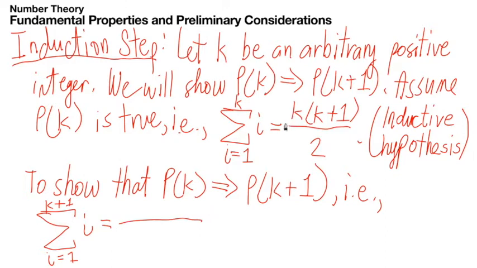So this k will be substituted as k plus 1. Now this k here will be substituted by k plus 1, so it would look like k plus 1 plus 1. Can we just make it k plus 2 for simpler writing?